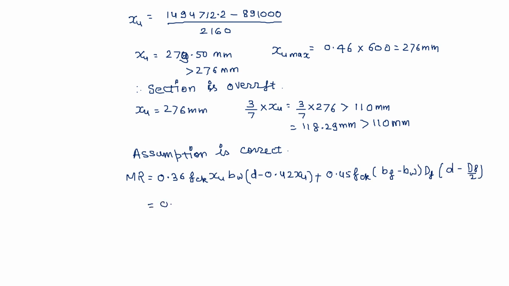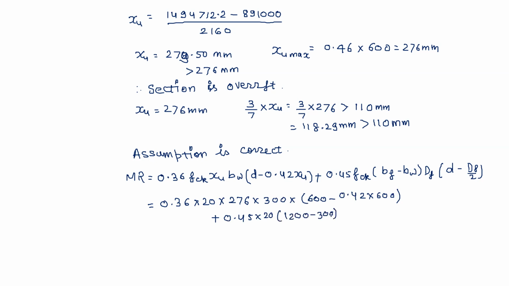Then we substitute the values: 0.36 into 20 into 276 into 300 into d is 600 minus 0.42 into 600 plus 0.45 fck 20, bf 1200, bw 300, Df 110, d 600 minus 110 by 2.